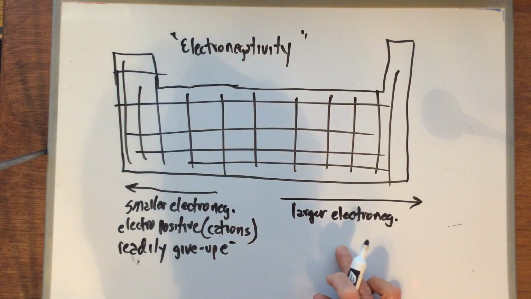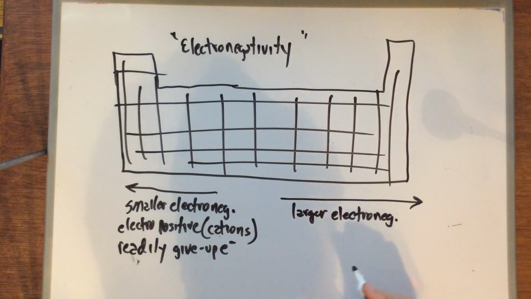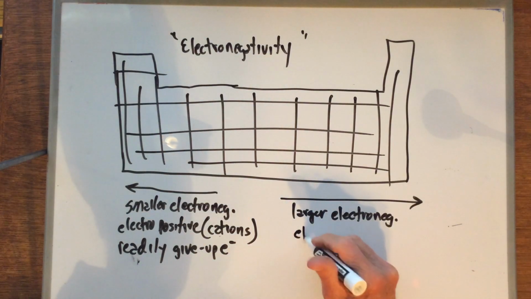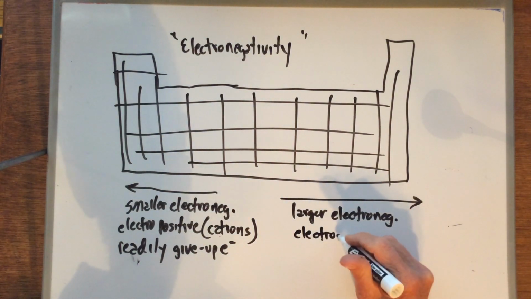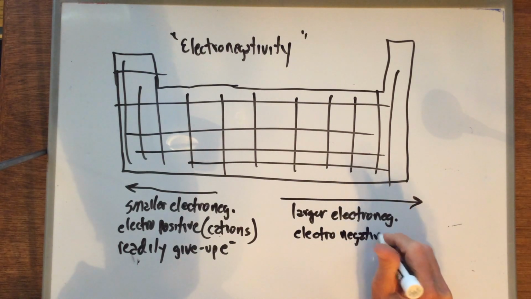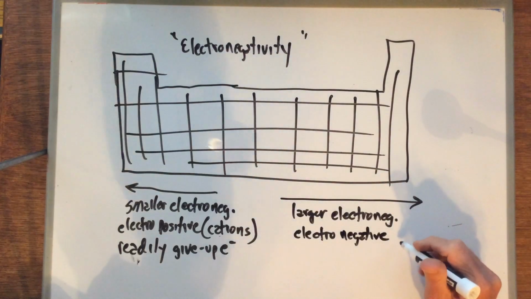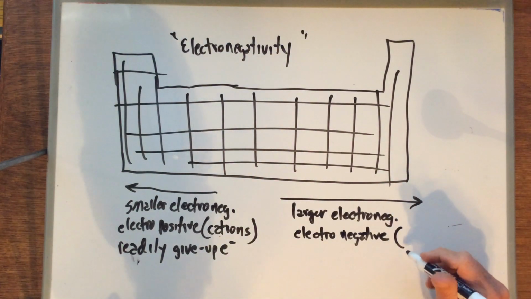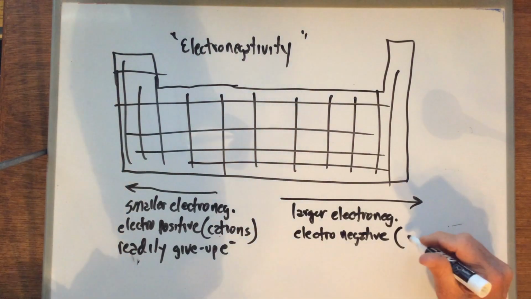Whereas on the right-hand side, these are electronegative elements, and these, of course, are the anions.